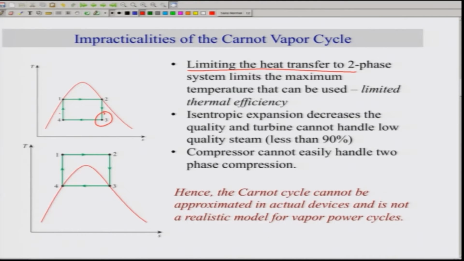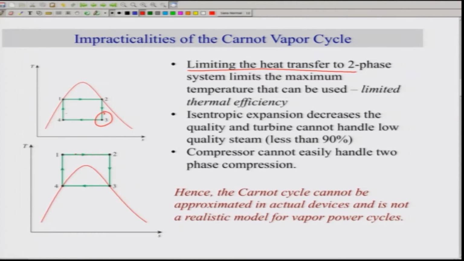One can try to avoid this by considering the 1 to 2 process, that means the isothermal heating process, at supercritical conditions. However, the problem in this case would be that the boiler has to operate at different pressures all the time, along this line, and this would be difficult as far as practicality goes. Hence it's not so easy to do that.